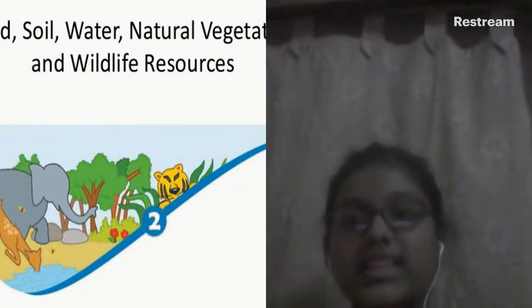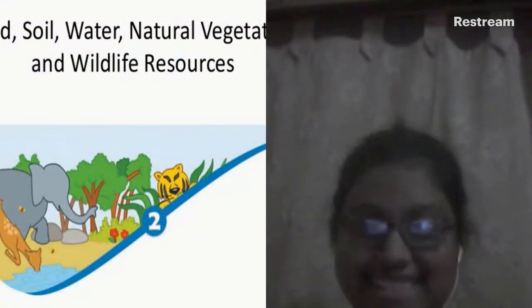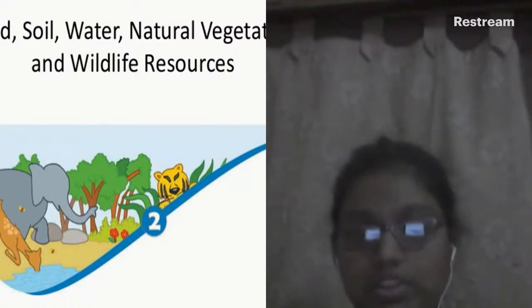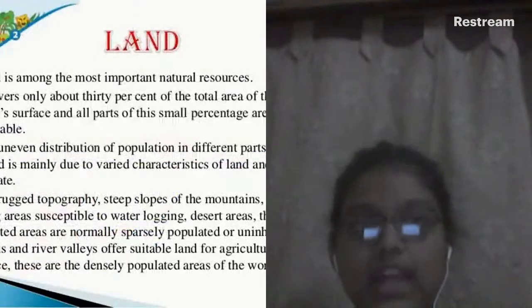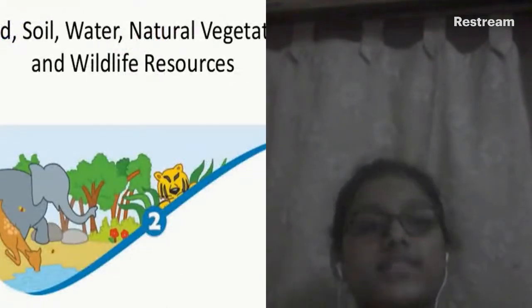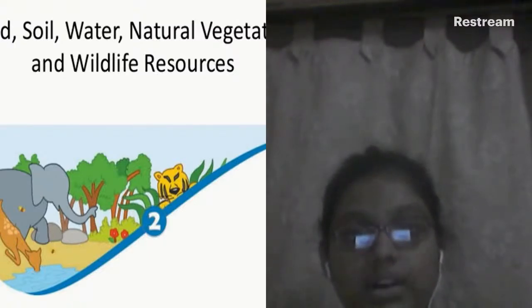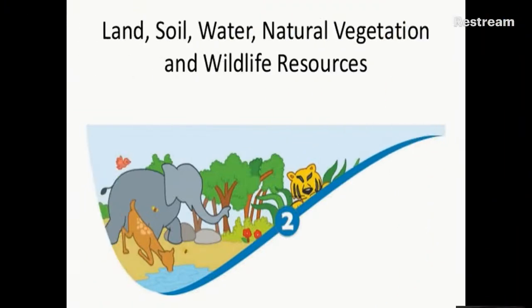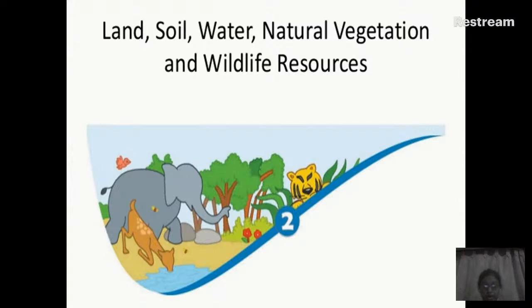Land, soil, water, and vegetation. So let us start with the first slide. There are four components: land, soil, water, natural vegetation, and wildlife resources. First we will learn about land.